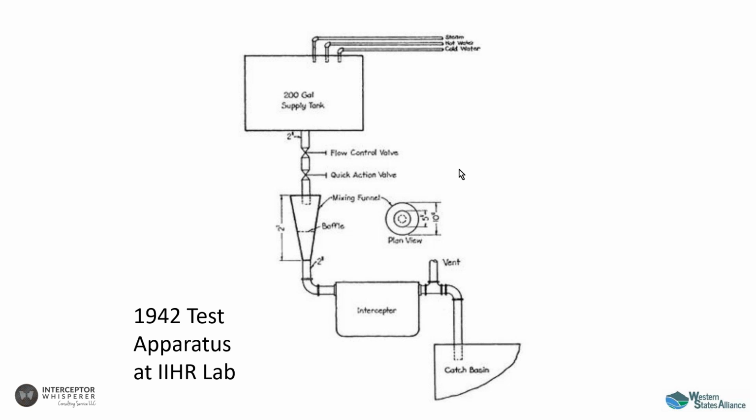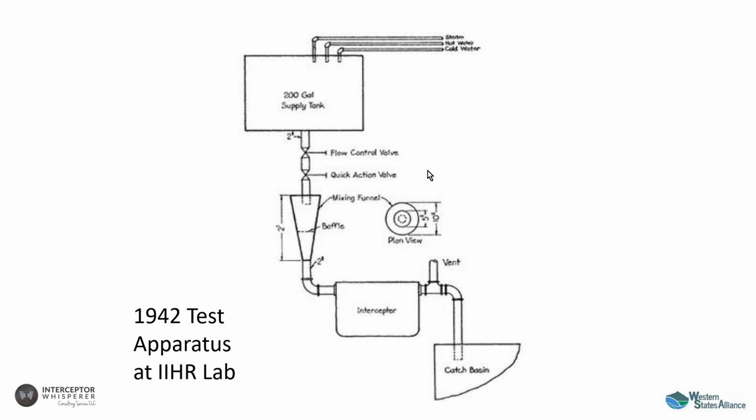And what you're looking at here is an image of a drawing of the original grease interceptor testing apparatus, which just used a supply tank, a flow control valve that would be used to set the flow going into the interceptor, an on-off valve that you see here listed as a quick action valve, and then a mixing funnel.